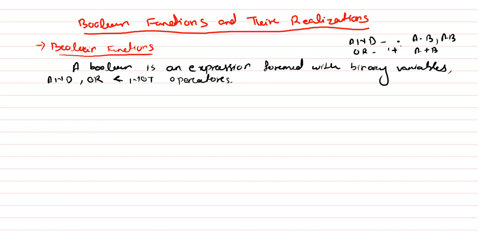For not, a bar will be presented, or an invert symbol. So I can write a bar or a invert. This will represent your not operator. So remember these things. These three signs will be used throughout the Boolean process. There is no other sign, only these three signs will be used.